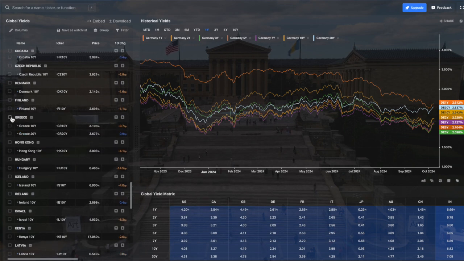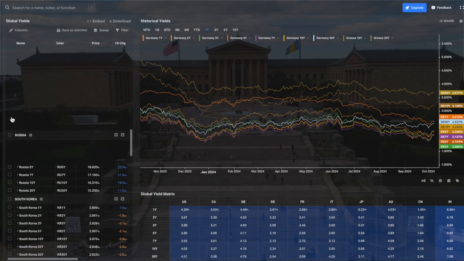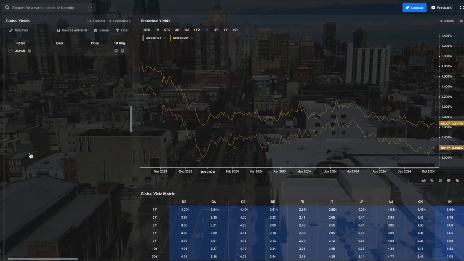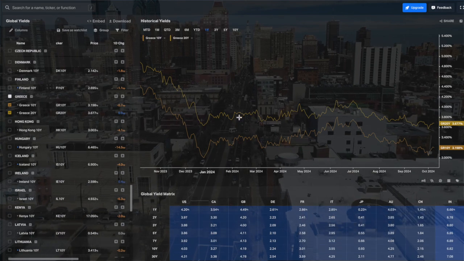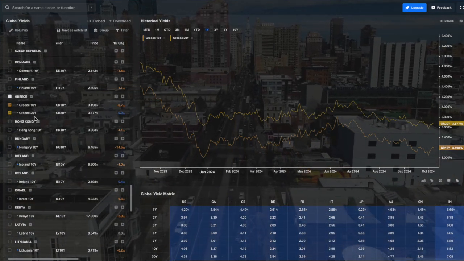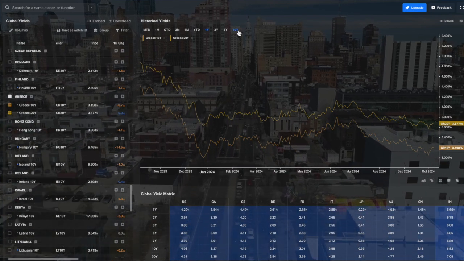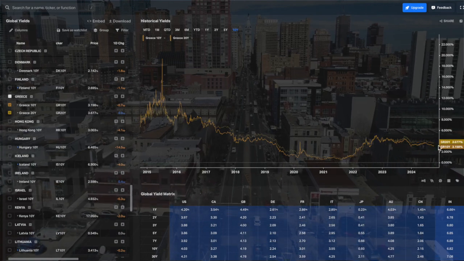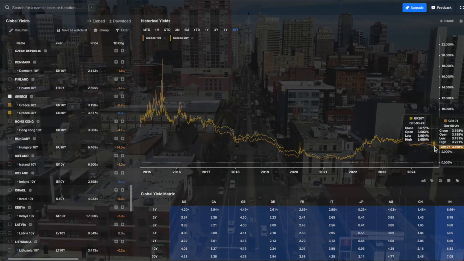Let's have a look at Greece actually, because if we go back in time, we might see the euro crisis represented in the yields. So I've selected Greece, 2 maturities, 10-year and 20-year. Let's go back to the maximum time frame. Okay, so right now Greece is around the 3% yield.